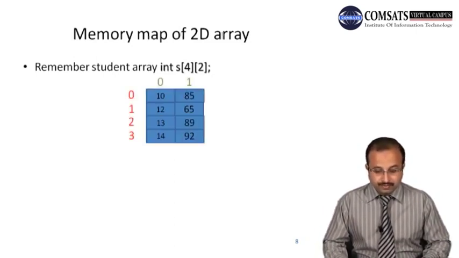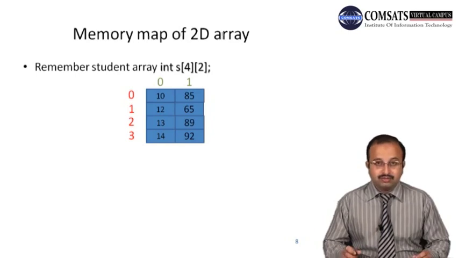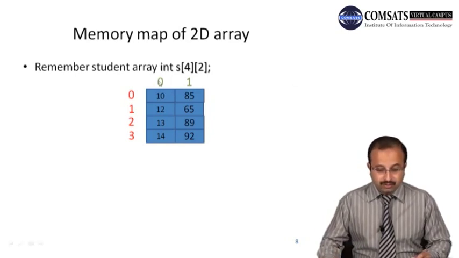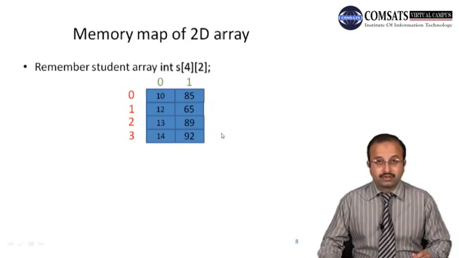So remember student array int s42. So this is the memory. We have seen the diagram that in the form of the matrix you can write a two-dimensional array like this, and that is very easy to grab, that this is now two-dimensional, having rows and columns. So this is the row and this is the column, right? So if you are here, you will see that it contains column number 1, column number 2, and if you are here you can see this is row number 1, row number 2, row number 3 and row number 4.